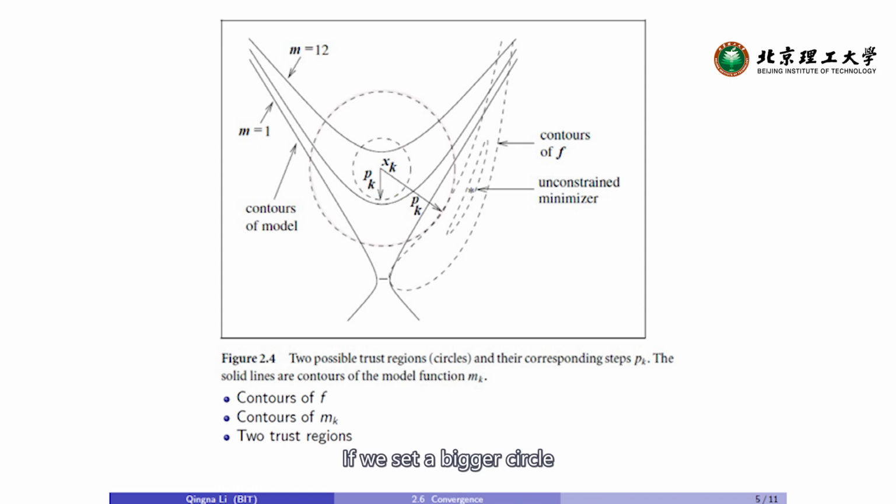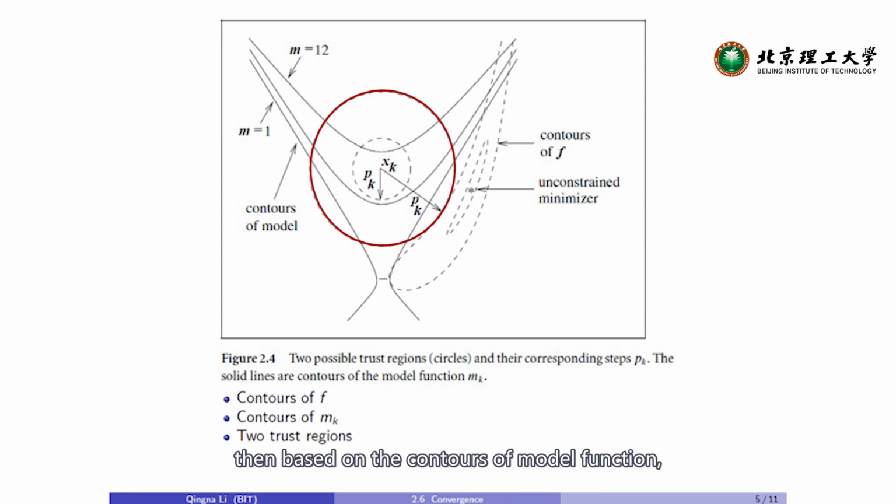And if we set a bigger circle, or a bigger trust region, then based on the contours of the model function, we can directly jump to the point here, because this direction leads to smaller function values of the model function.